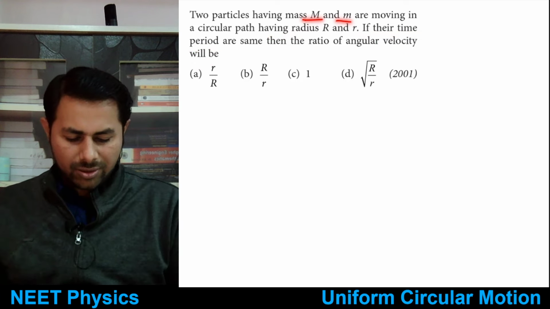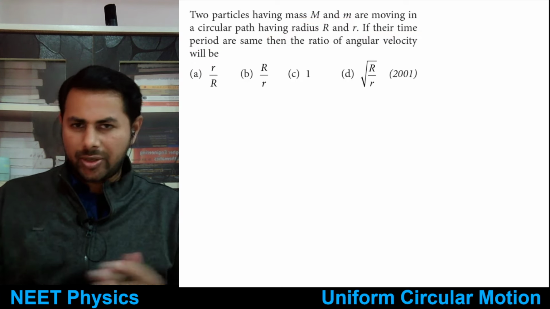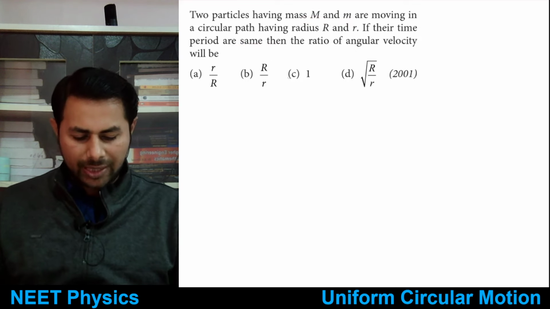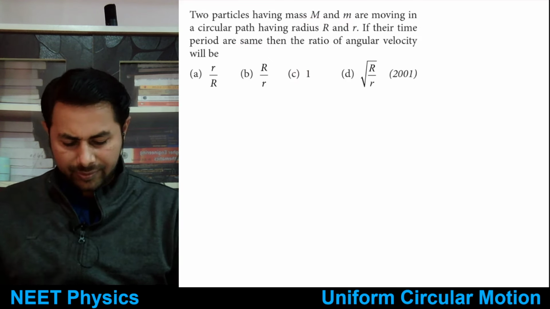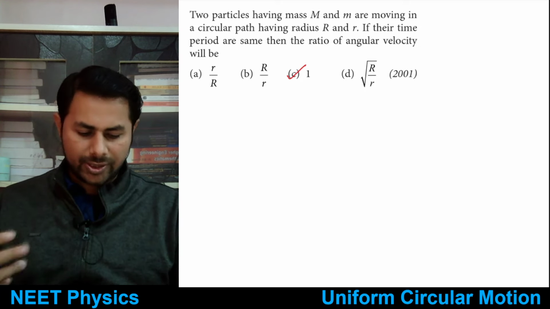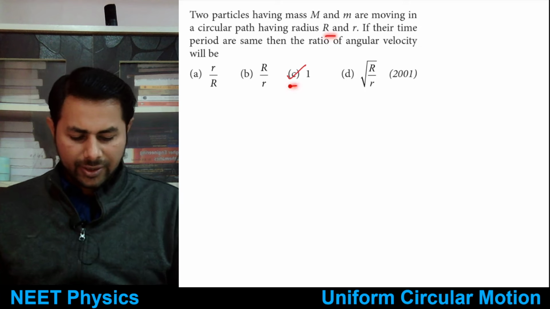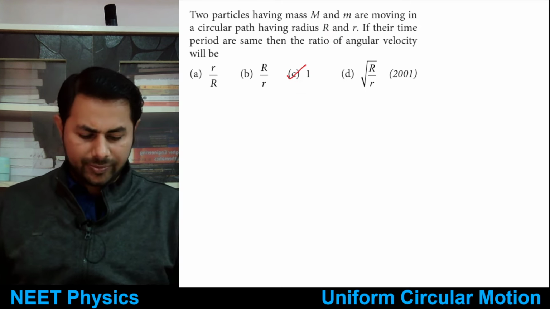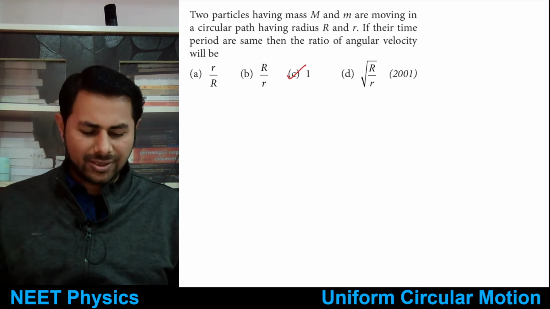Whatever the mass, whatever velocity is given, if time periods are the same, then the ratio of angular velocity is 1, right? You don't need to think about their velocity or radius. Time period is the same, means angular velocity is equal. So I can say it is a repeated question.